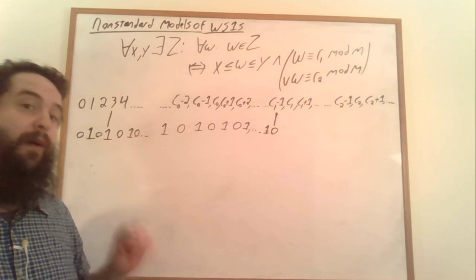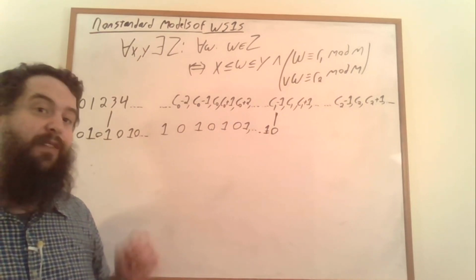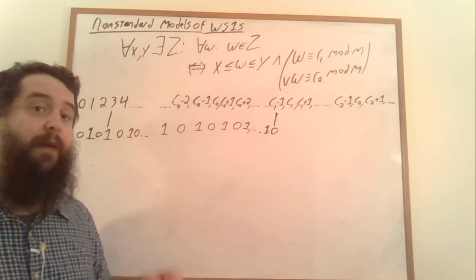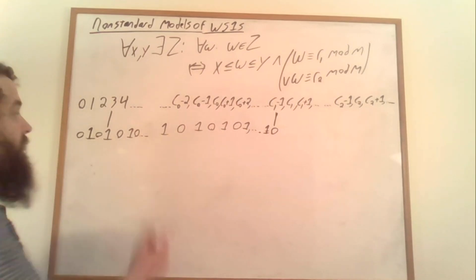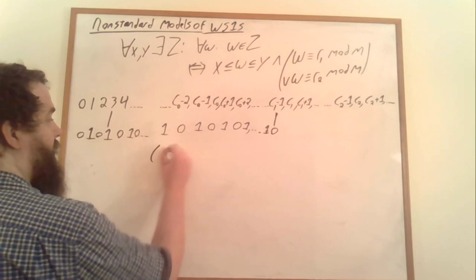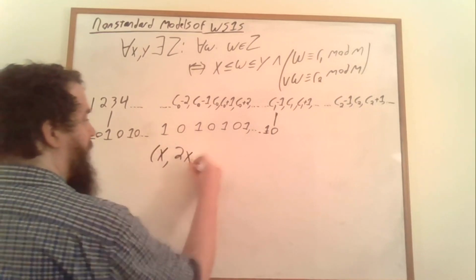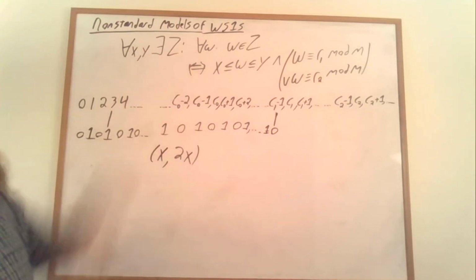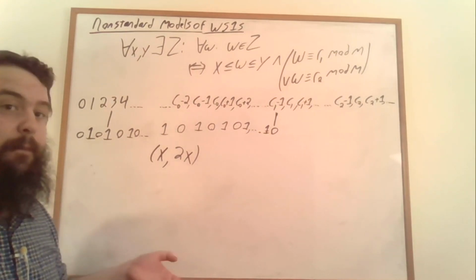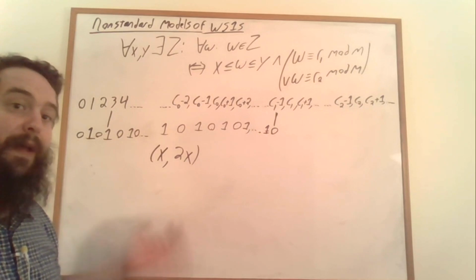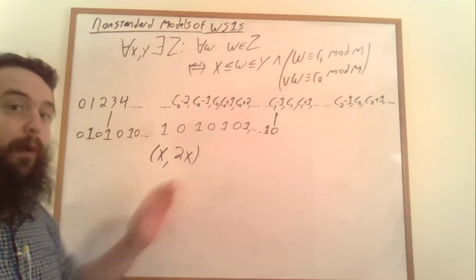For now, though, I'll remind you that we can't talk about doubling and we can't talk about halving in weak S1S, specifically because if we could talk about pairs of the form x comma 2x in weak S1S, we would actually have an undecidable theory. This is something that I showed in my undecidable extensions video a while back.